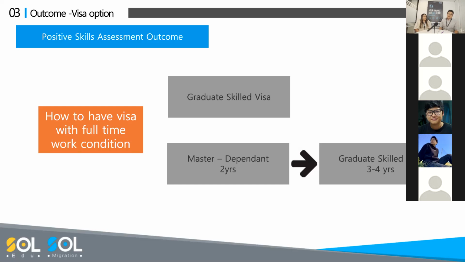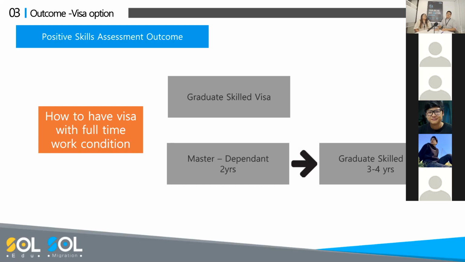Then he realized that he needs a visa which gives him full-time work rights. So he comes back to me and we discuss visa options, but he doesn't want to study again, but he has his girlfriend. We found that his girlfriend has a bachelor degree from her home country as well. So his girlfriend decided to study a master course in Australia.